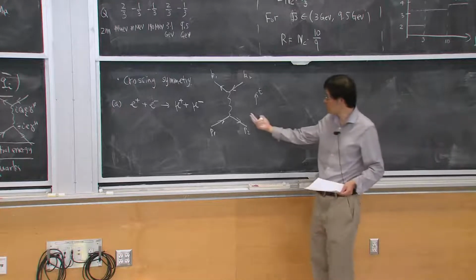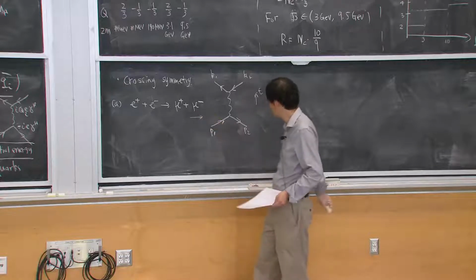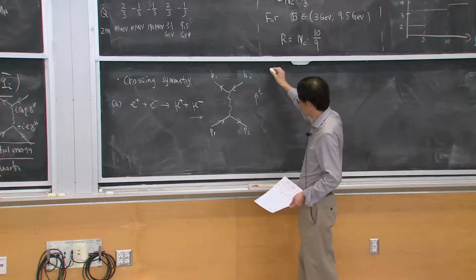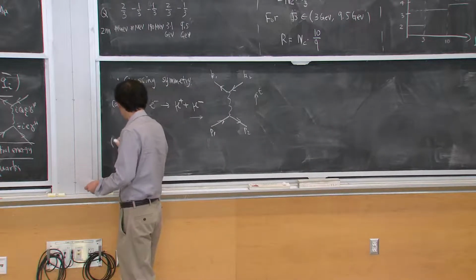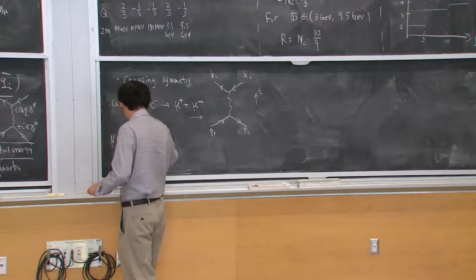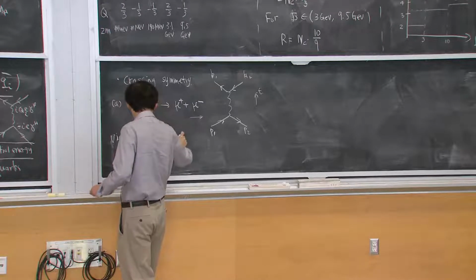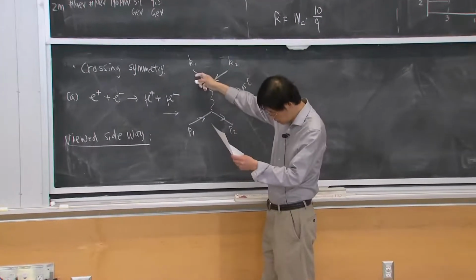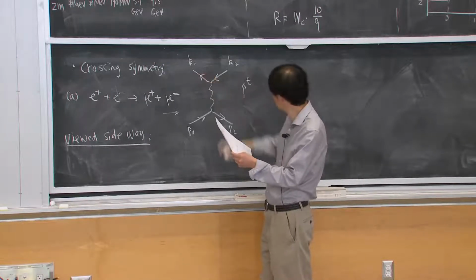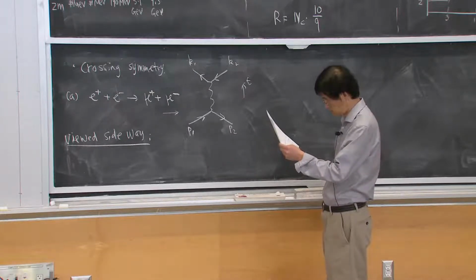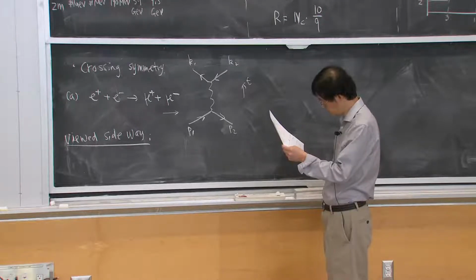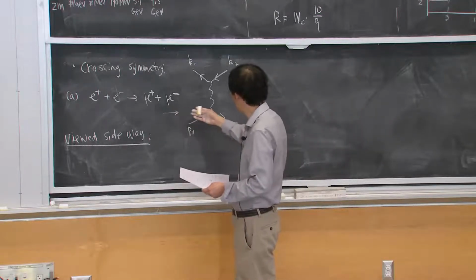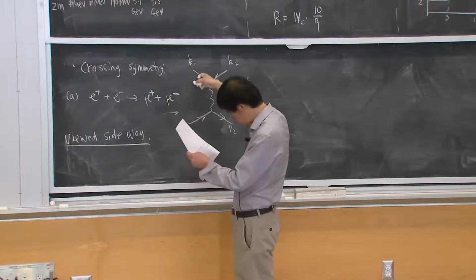So now if we view this diagram sideways, if you think of the time going in that direction, then this becomes an initial state, and this is still an initial state.